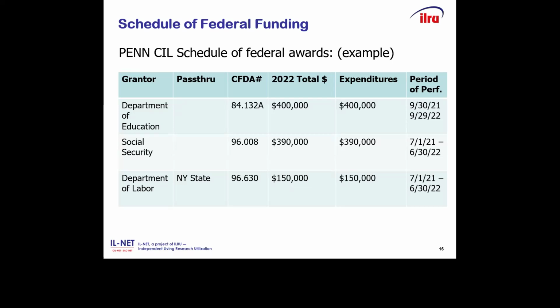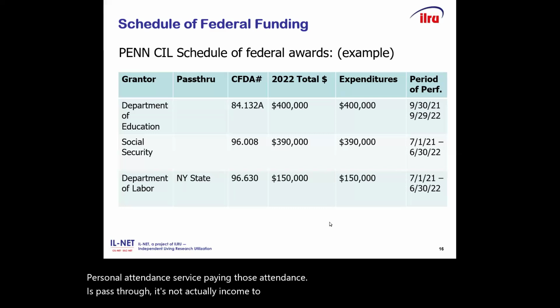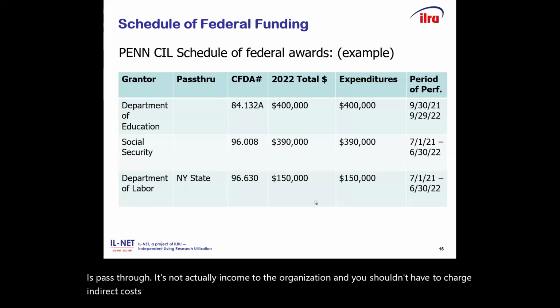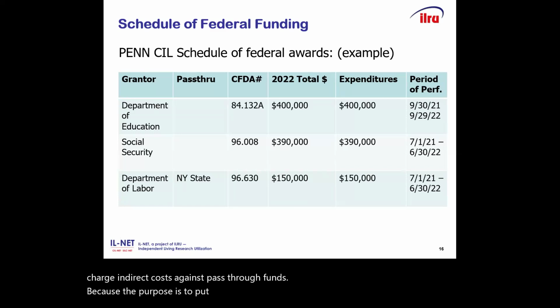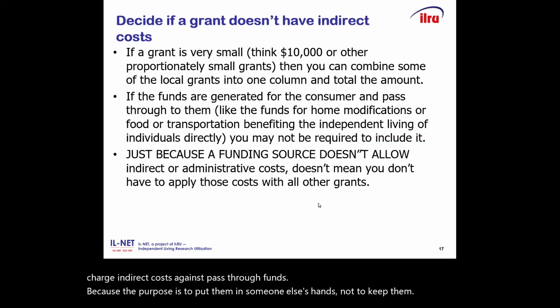Same thing could be true of other funds. If you operate a personal attendant service, paying those attendants is passed through. It's not actually income to the organization, and you shouldn't have to charge indirect costs against pass-through funds, because the purpose is to put them in someone else's hands.